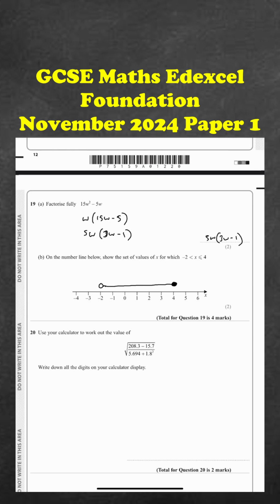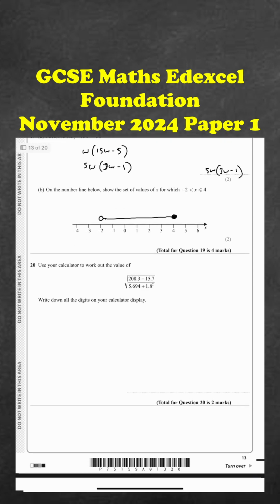Question number 20. Use your calculator to work out the value of the square root of 208.3 minus 15.7, all over 5.694 plus 1.8 squared. So the best way I can show this without showing my calculator is exactly what I would type into my calculator. So I would do the square root of, open bracket, 208.3 minus 15.7, close bracket, divided by, open bracket, 5.694 plus 1.8 squared, close bracket.